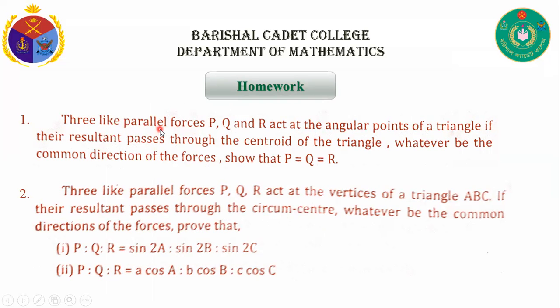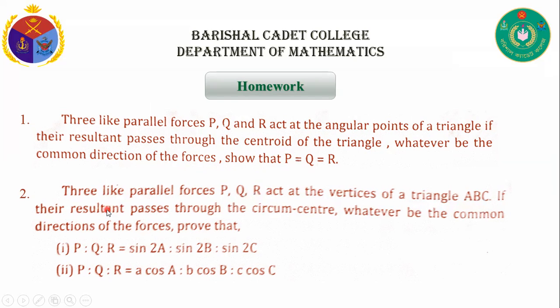Number one: three like parallel forces P, Q, and R act at the angular points of a triangle. If their resultant passes through the centroid of the triangle, whatever be the common direction of the forces, show that P equals Q equals R. Number two: three like parallel forces P, Q, R act at the vertices of a triangle ABC.